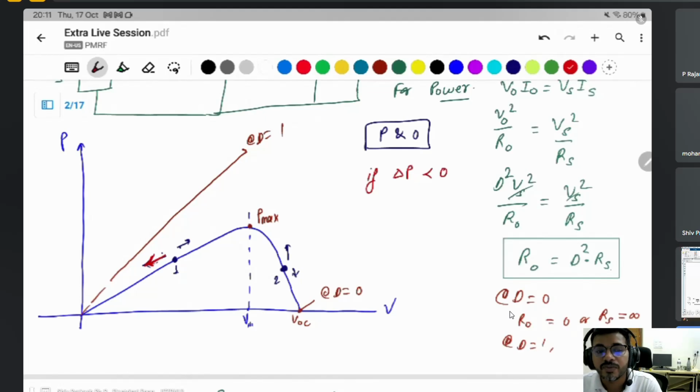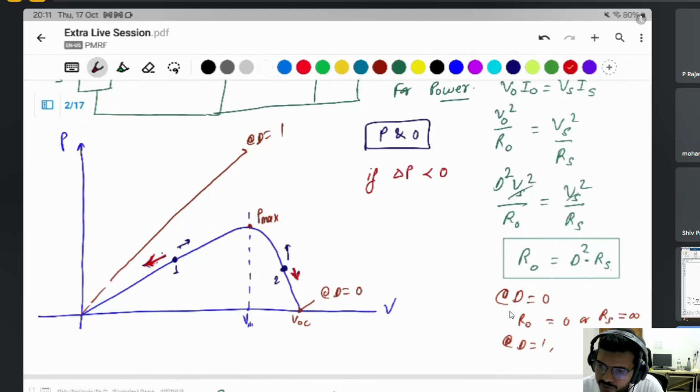It means the change in power will be negative. That means it will go here or here. There are two chances. There are two conditions when delta P will be negative.